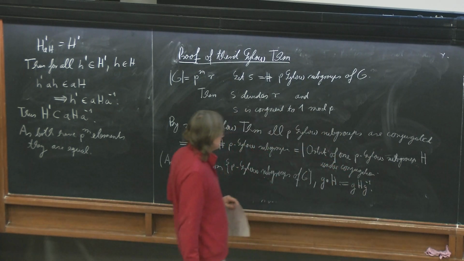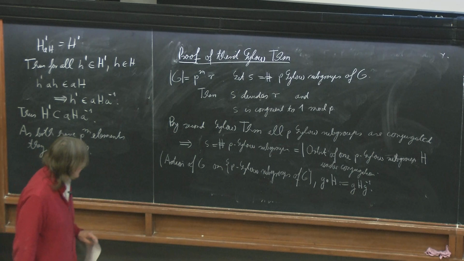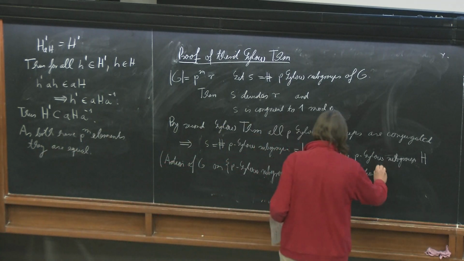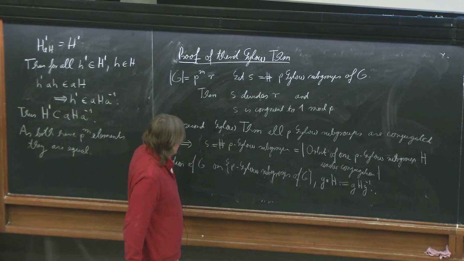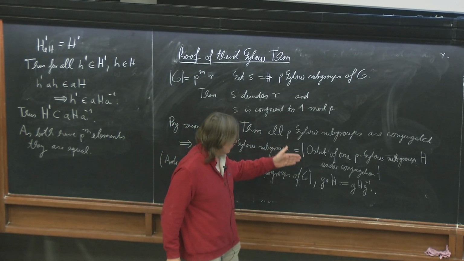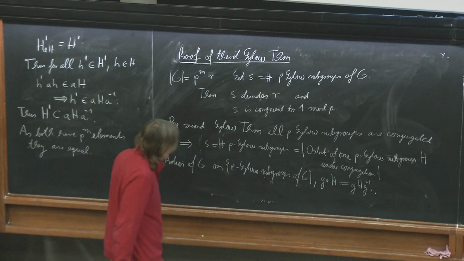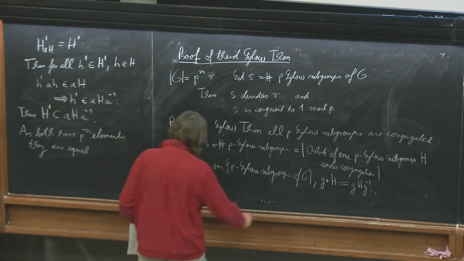And this clearly defines an action. And so we know that all the p-Sylow subgroups form an orbit under this action because they are all conjugated, and so we want to know how many elements are there in the orbit.